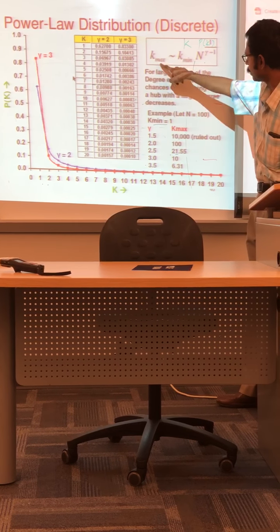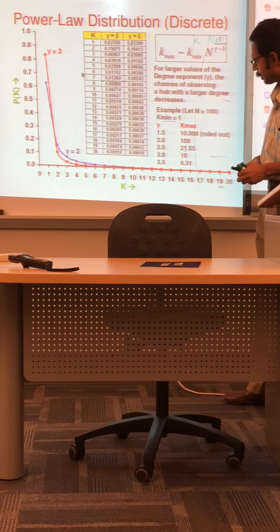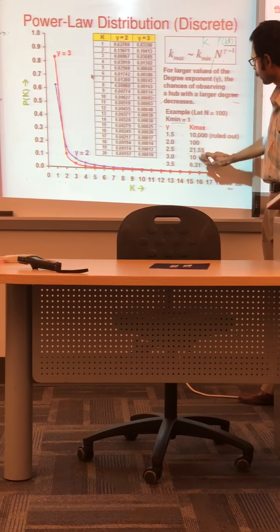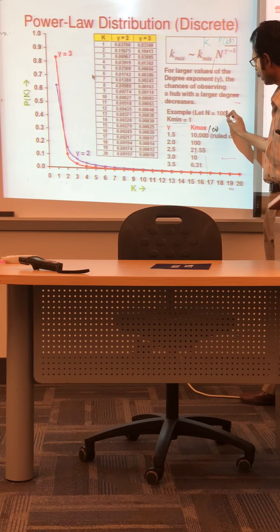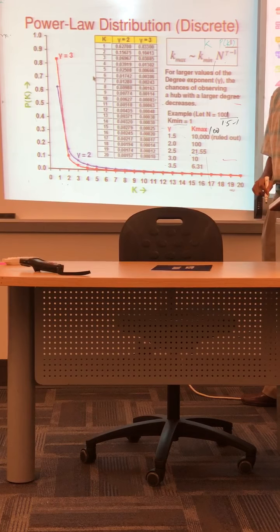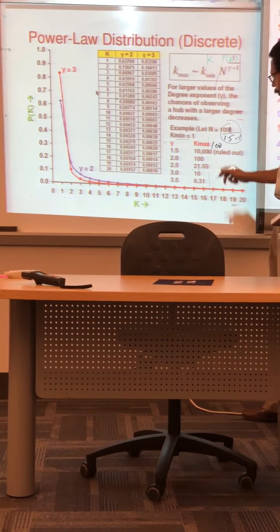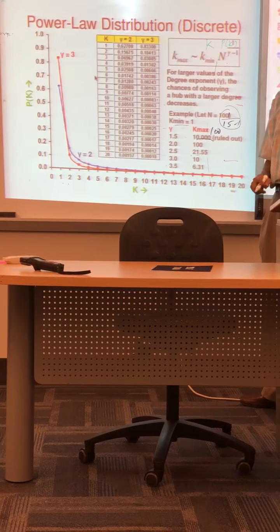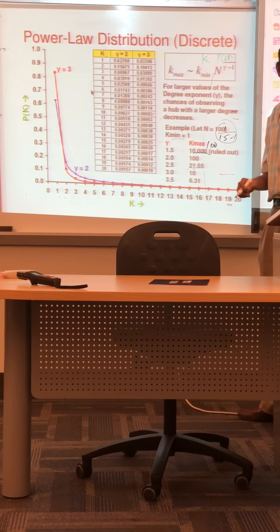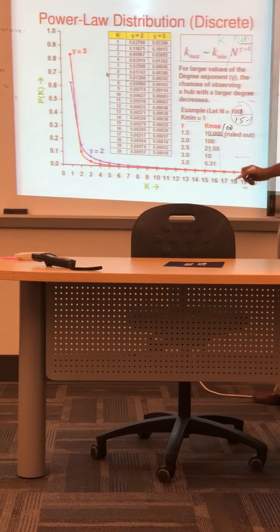So k max is going to be, if n is 100, what is k max for gamma 1.5? 100 raised to 1 divided by 1.5 minus 1. What is that? This is 2. So 100 squared. You have only 100 nodes, so the maximum degree can be only 100 minus 1, 99. But it comes out to be 10,000.